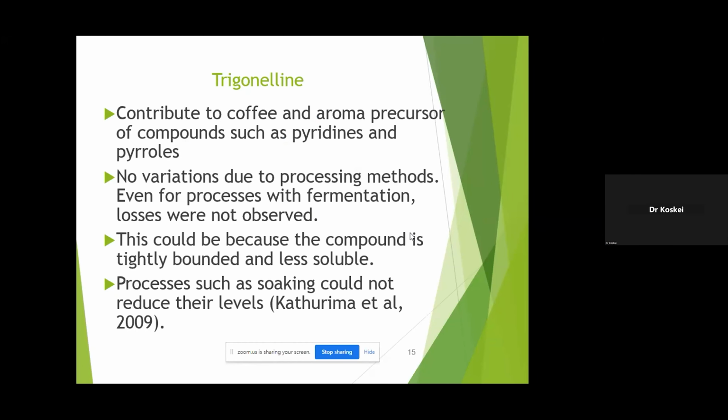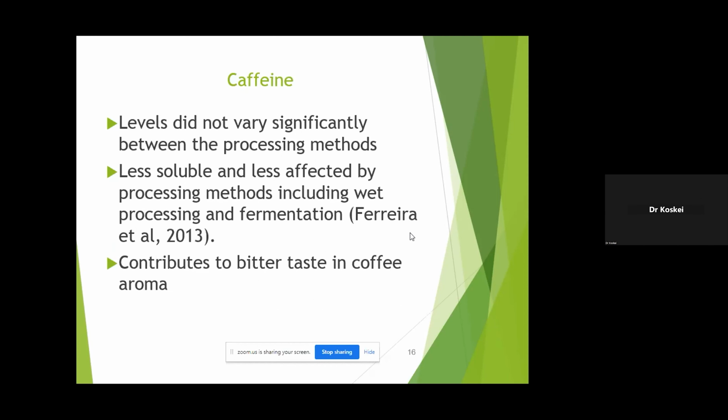This could be because the compounds are in the endosperm, so they are less soluble and not affected by these processing methods. Processes such as soaking, because of use of more water, have been reported to have less effect on these components.